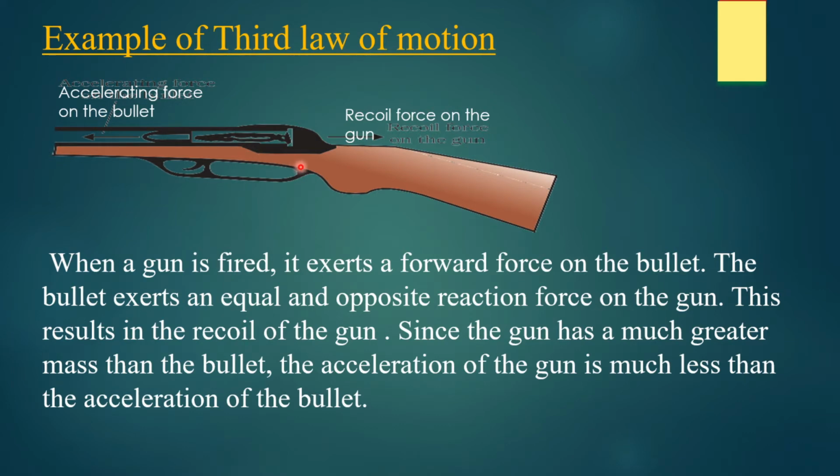The gun will move a little bit in the backward direction. That is the recoil of the gun. Since the gun has much greater mass than the bullet, the acceleration of the gun is much less than the acceleration of the bullet, and so the bullet will move a larger distance and the gun will move a shorter distance.